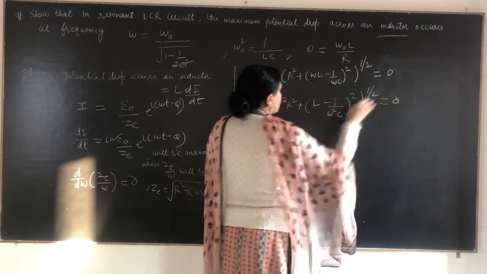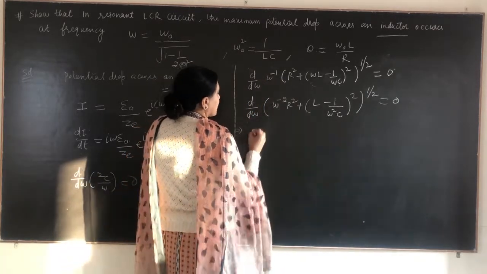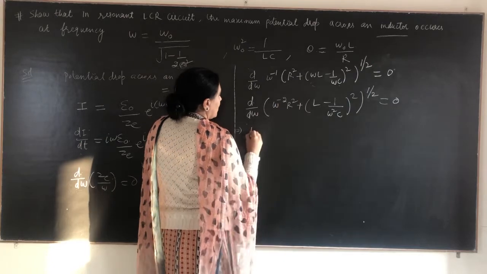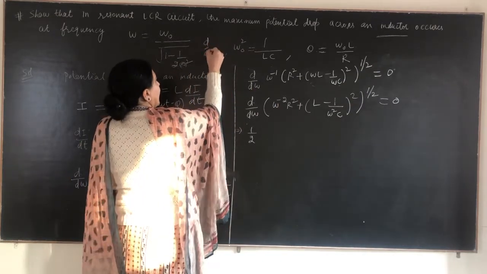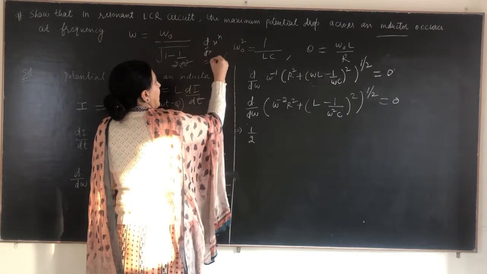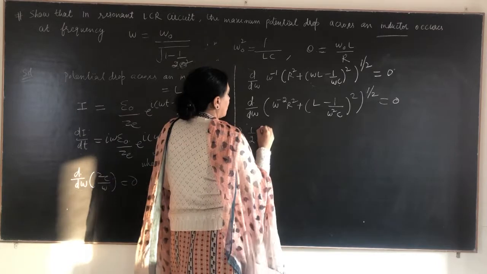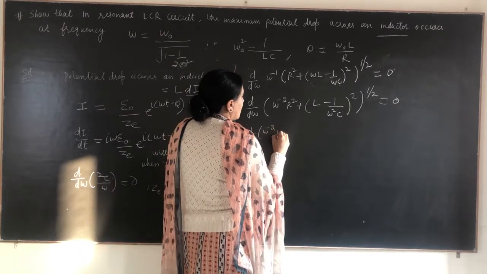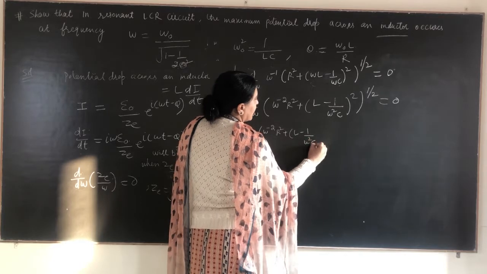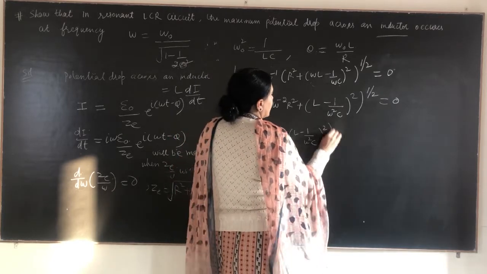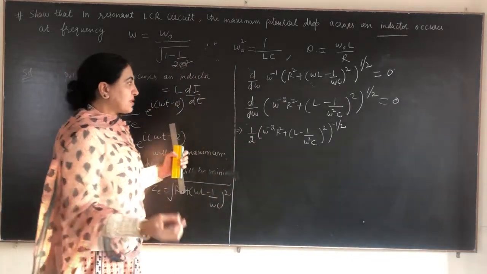This will be equal to 0. Now take its derivative. The derivative is 1 by 2, and derivative of x raised to power n is n minus 1, so this will be 1 by 2 times (omega to the power minus 2 R squared plus (L minus 1 over omega squared C) squared), raised to power minus 1 by 2.